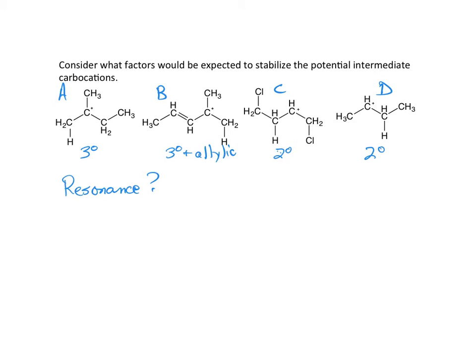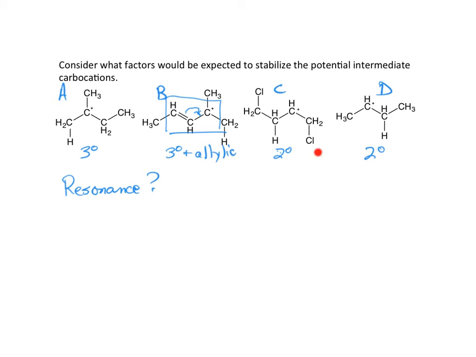Well, if we look here, and this goes back to the exercises that we were doing on the tests, we see this and we go, oh, this pair of electrons could shift over there because all three of those carbons are sp2 hybridized, and that would move the positive charge from here to here. So there is some resonance stabilizing B.